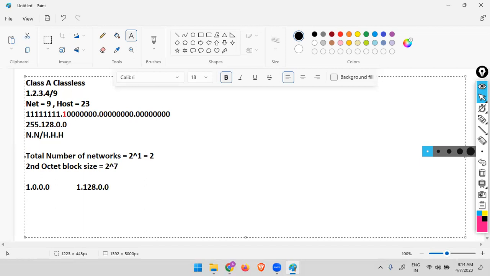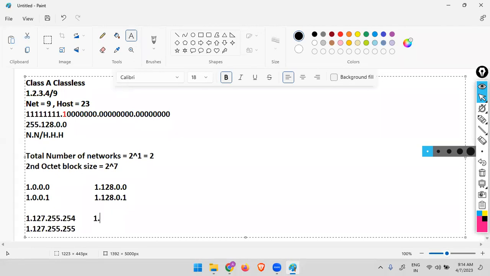That means last IP 1.127. Correct. Okay. This will be 1.0.0.1. Here it will be correct. 1.127.255.254.